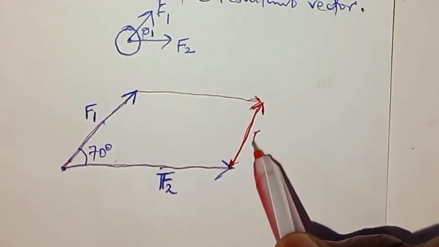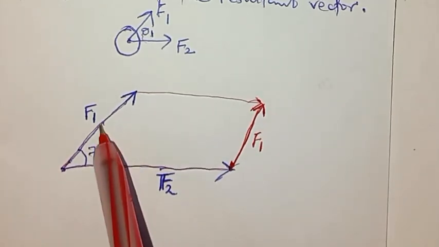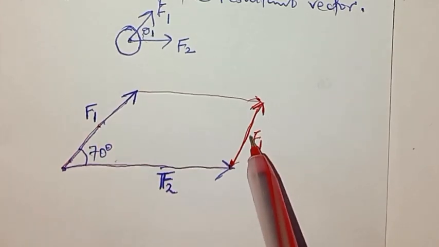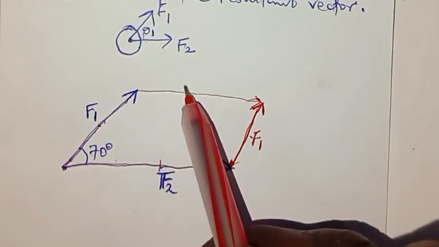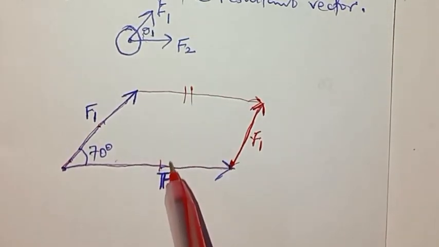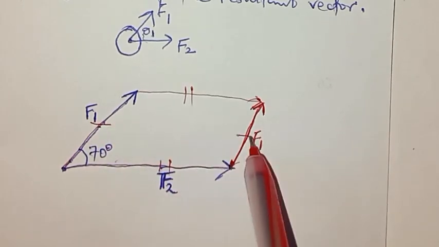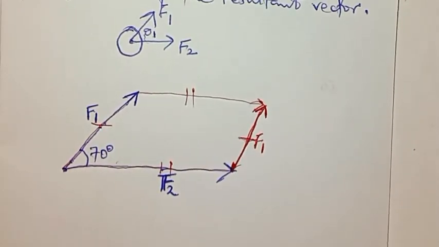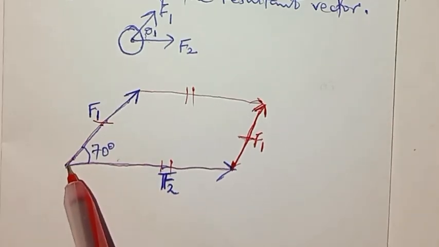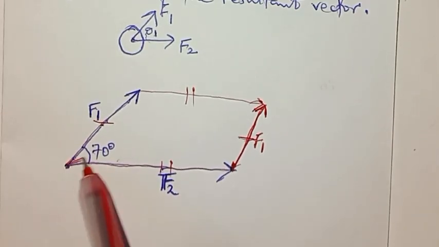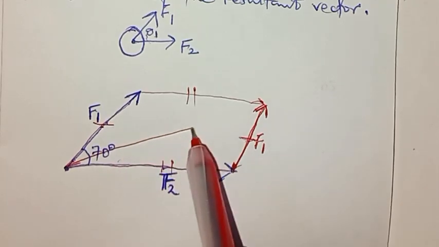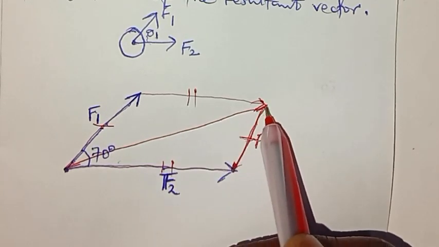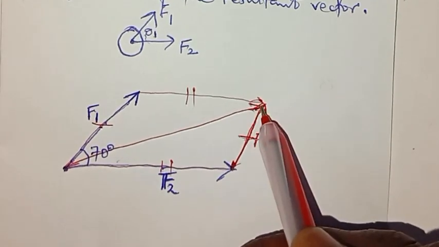This is F1. You can see this length to this length, this point to this point. Then our resultant vector is the bigger diagonal. This is the main diagonal, and it forms our resultant vector.